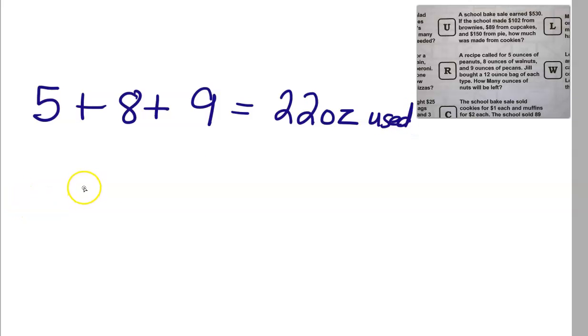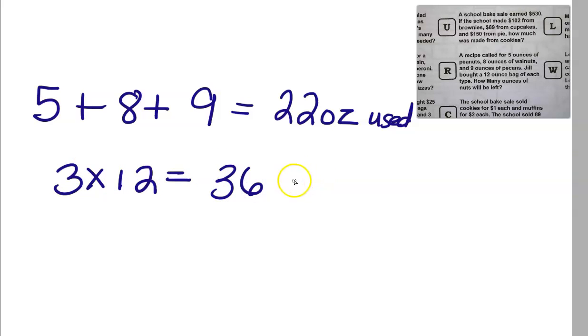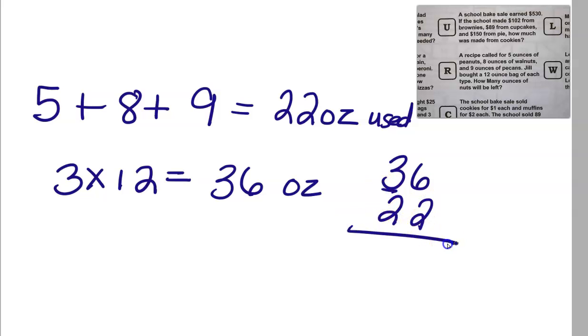Now I know she bought, let's see, 3 bags that had 12 ounces each in them. I know that 3 times 12 is equal to 36. So she has 36 ounces. I want to know how much is going to be left. So I need to find the difference between 36 and 22 to get my answer.